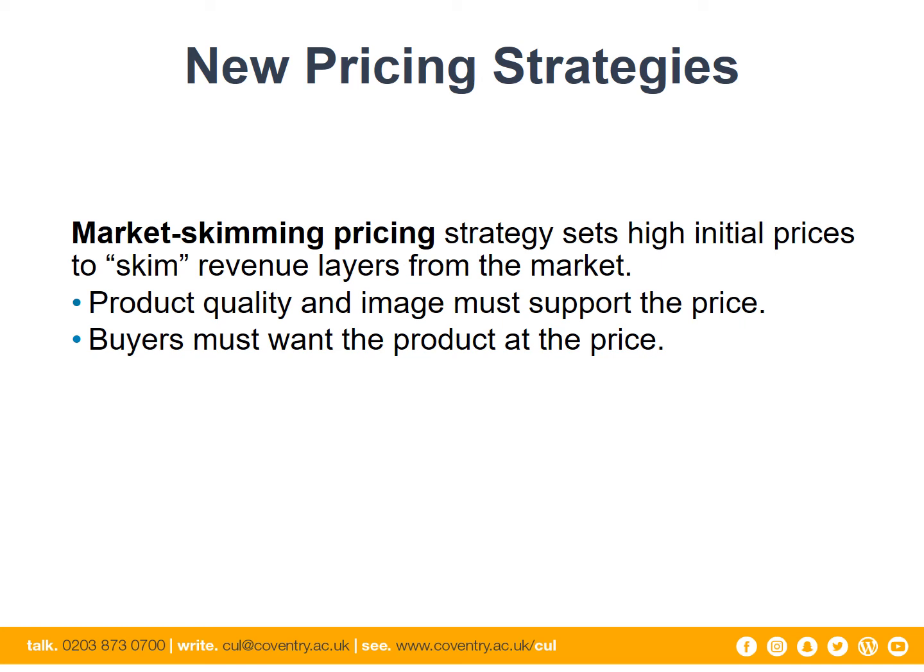And how much does it really cost to manufacture an Apple iPhone? Well, it's reported to cost around £200 to £250 to manufacture. But again, the product quality, the image, the desirability of the product supports that price, and people are willing to pay that price, skimming the top of the market.